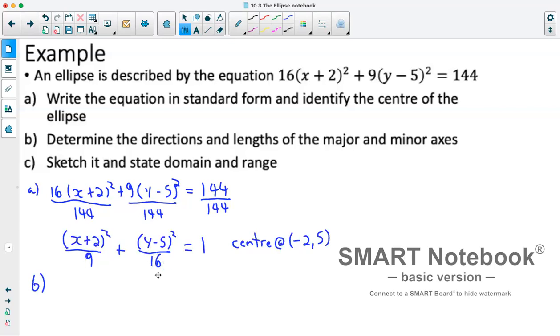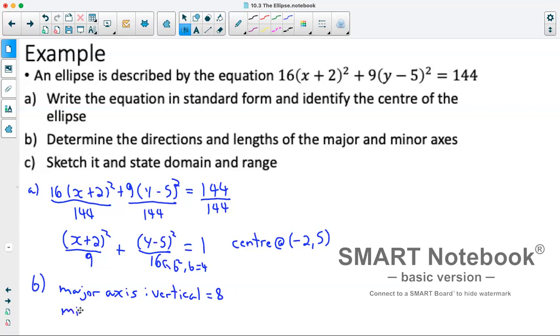So our major axis is going to be on the y-axis. 16 is equal to b squared, so therefore b is equal to 4. So we have a major axis, which is vertical and has a length of 2 times b, so a length of 8.